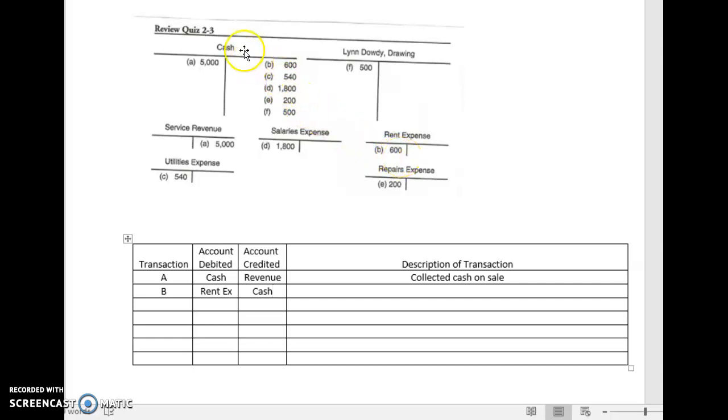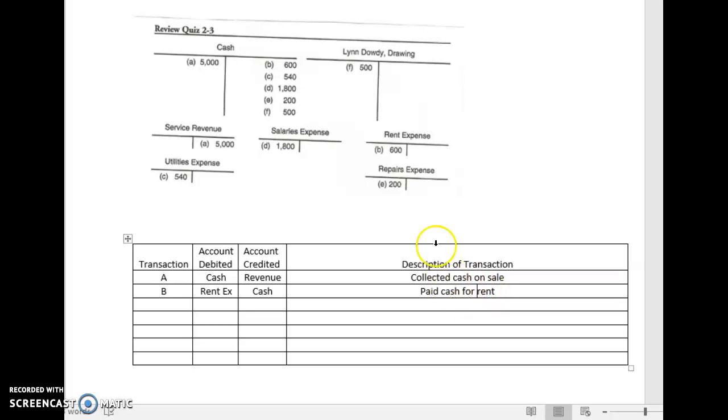And cash, of course, being an asset, has a normal debit balance, but I decreased it by $600 because I paid rent. So, in this transaction, you can just say paid rent. And you could even say paid cash for rent.